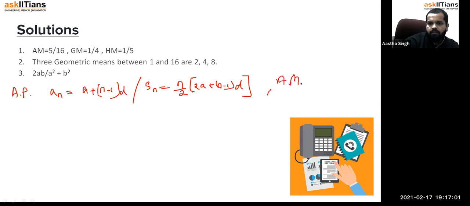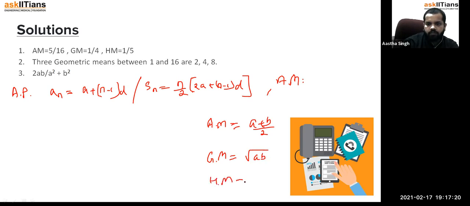And also your arithmetic mean will be equal to a plus b by 2. I'm talking about two numbers. Your geometric mean is equal to under root of ab. Your harmonic mean is equal to 2 times ab upon a plus b.